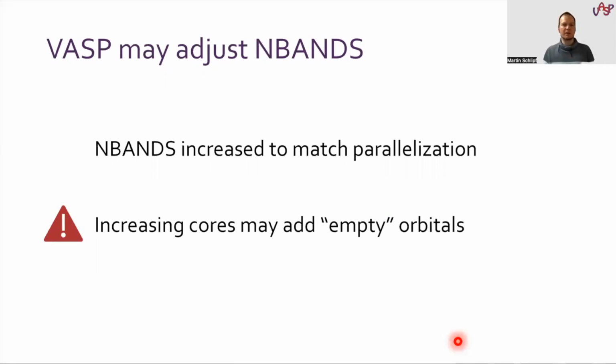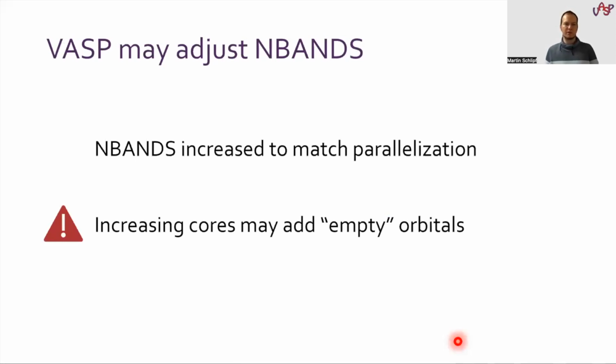This means sometimes you can see that the calculations change, and essentially what you add is more and more orbitals as you increase the number of cores. So you don't want to use more CPUs than you have bands. Otherwise, you will just start adding more and more empty orbitals that will not really improve your self-consistency anymore.